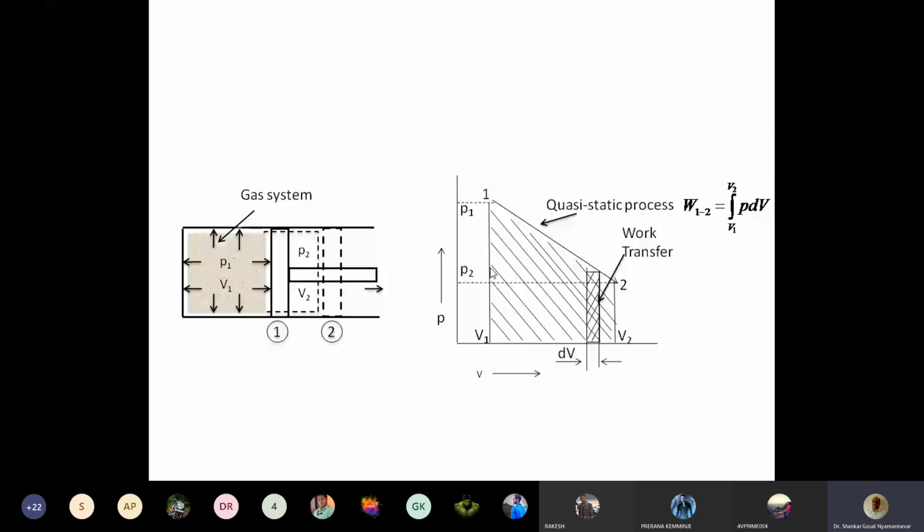So it will be 0.0243 into 10 to the power 6. So that will be how much? 2.43 kilojoules.